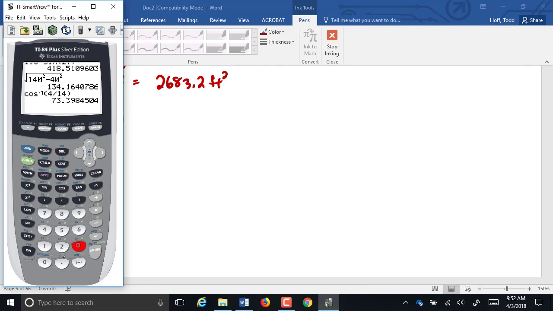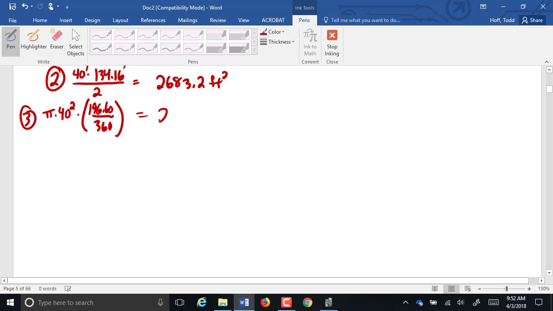So 3.14 times 40 squared times 196.6 divided by 360 is 2,743.66 square feet. So we add those all together.